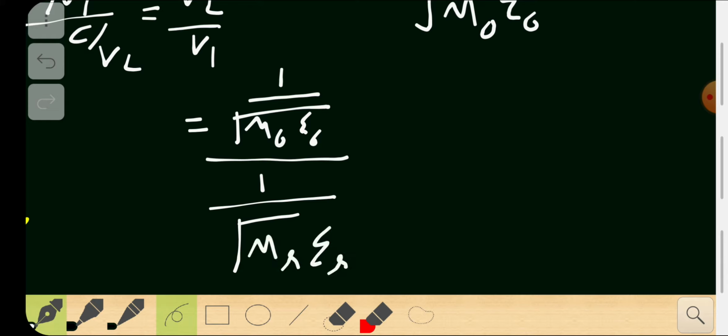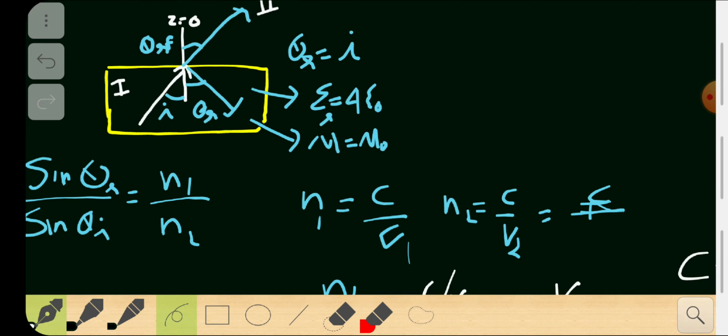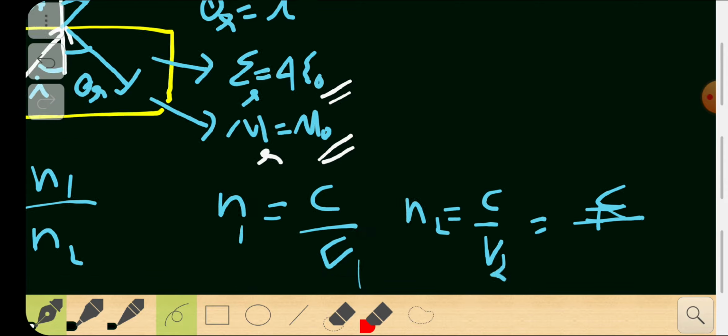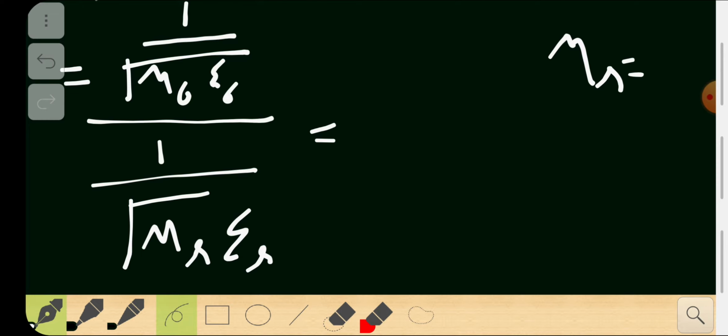Straightforward, you can substitute the values: mu r is just mu 0 and epsilon r is just 4 epsilon 0. Substitute that back into this equation.